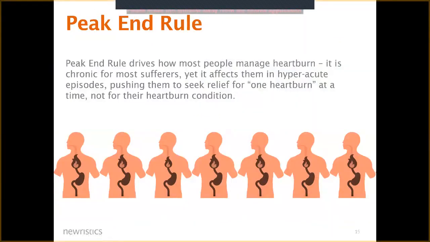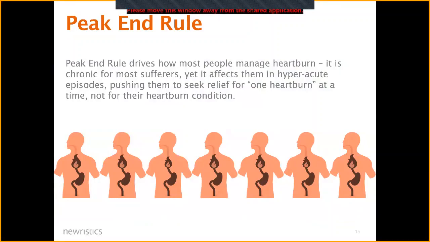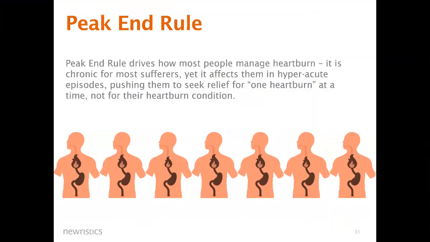In the pharmaceutical industry, one of the very interesting examples, a disease state that is quite heavily driven by the peak-end rule heuristic, is heartburn. If anybody has worked in the heartburn category before, for most heartburn sufferers, heartburn is chronic.